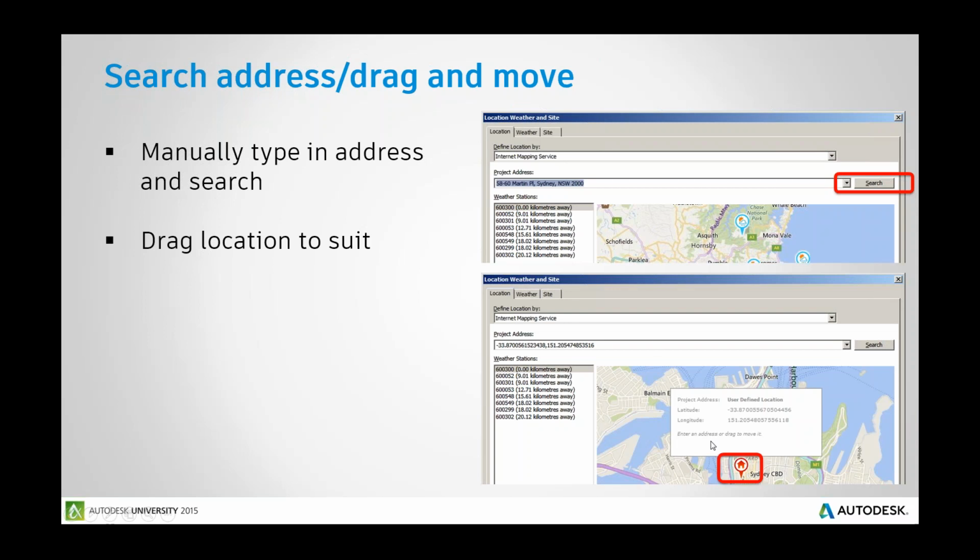If it's not exactly in the right place, I can go into the internet mapping graphic here, and it's just like a Google Maps or a Bing Maps in this instance, and I can drag that pinpoint around to suit. And as I'm dragging it around, it's also going to give me my latitude and longitude coordinates here.